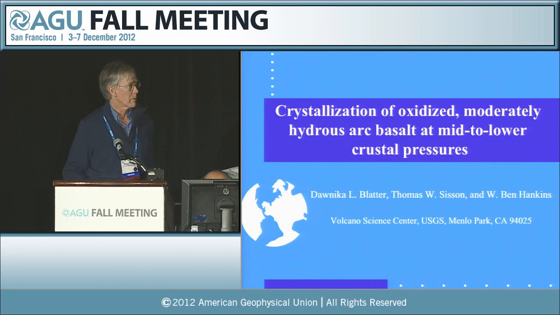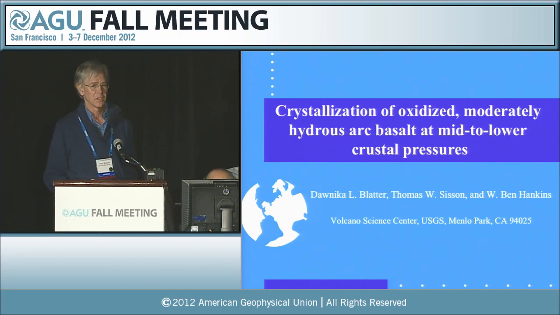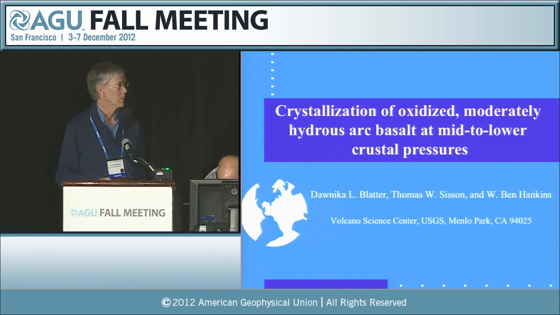So what we were interested in is production of calc-alkaline andesites. A lot of you in the room are interested in that problem. You probably all know the history. Many people have conducted experiments at both atmospheric pressure and at low pressure, including myself. One of the findings quite some time ago now was that the addition of water to the system facilitates the production of calc-alkaline liquids.